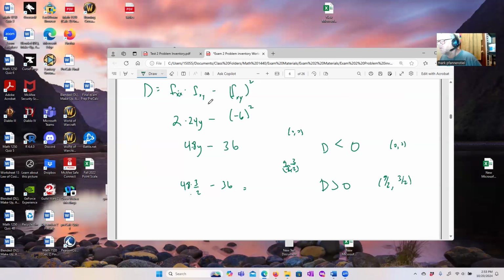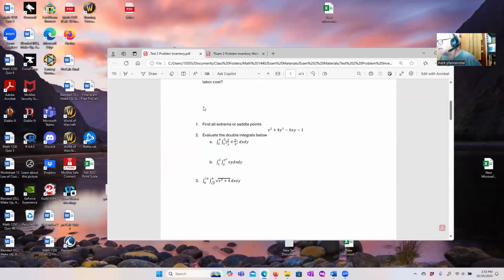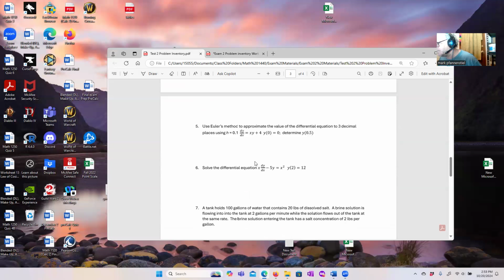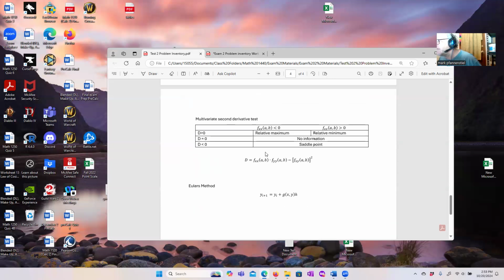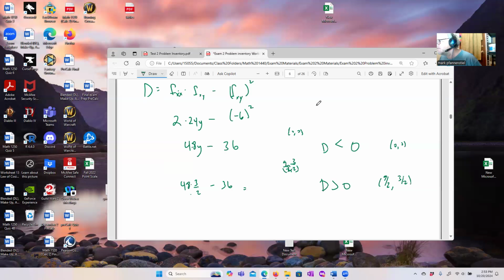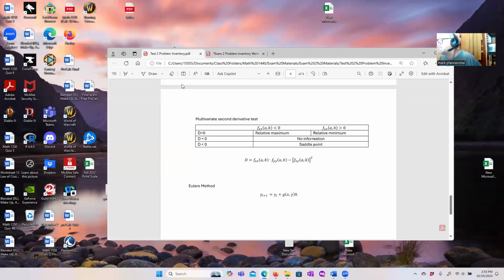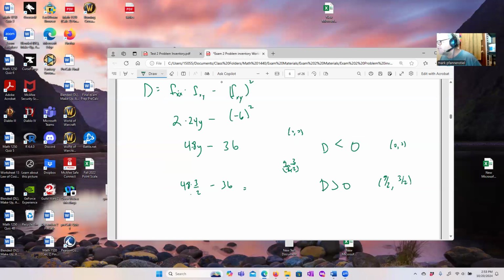We are going to consult the oracle and ask what happens when D is two different things. In the first case, my D is less than 0, and we know that that's a saddle point. So we'll go ahead and label it. 0, 0 is my saddle point.